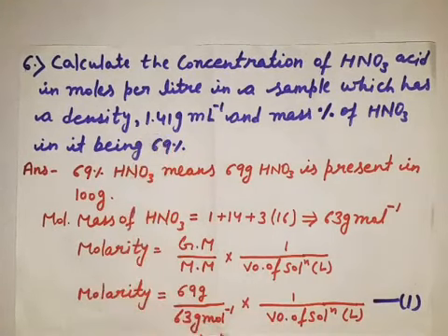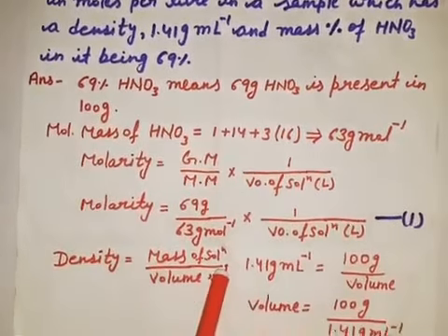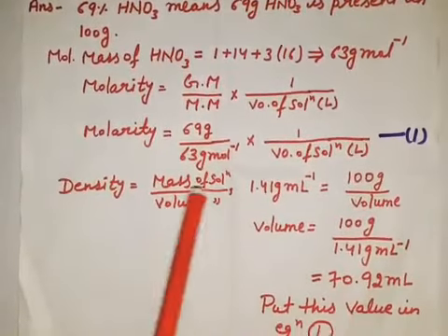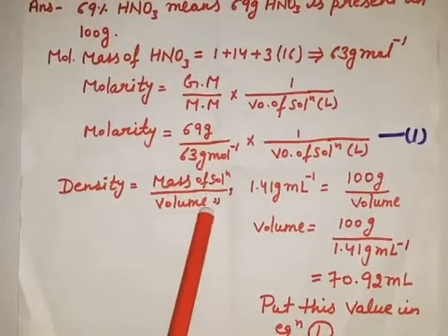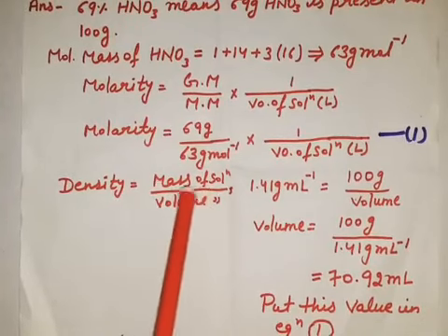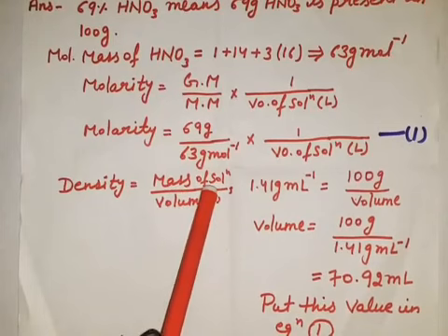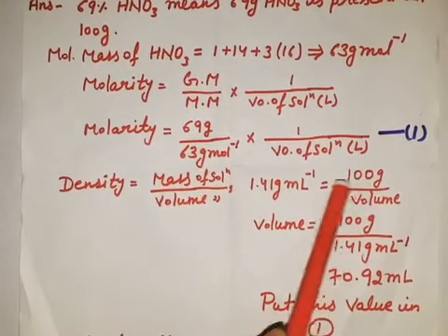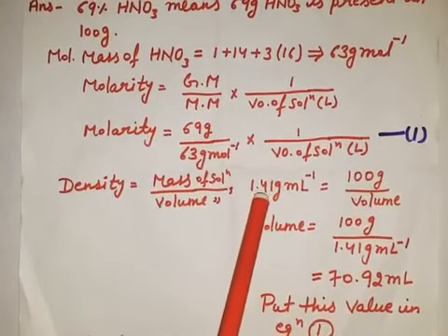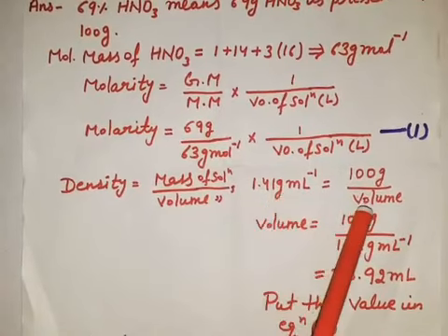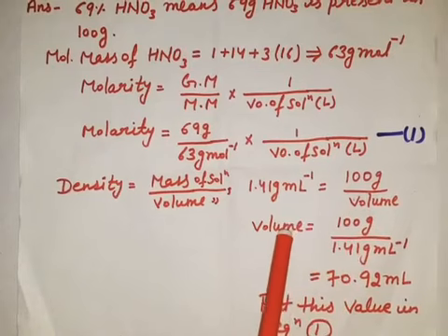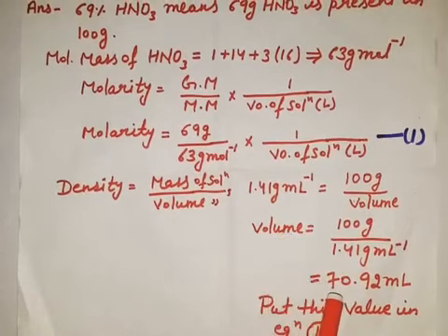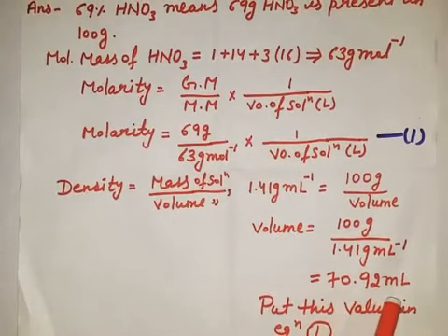So here we will use the formula of density, that is mass of the solution divided by volume of solution. Now total mass of solution is given, that is 100 gram. Density is also given, that is 1.41 gram per ml, and volume is unknown. So here we will calculate volume, that is equal to 70.92 ml.